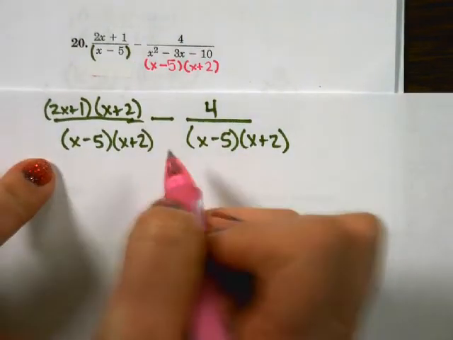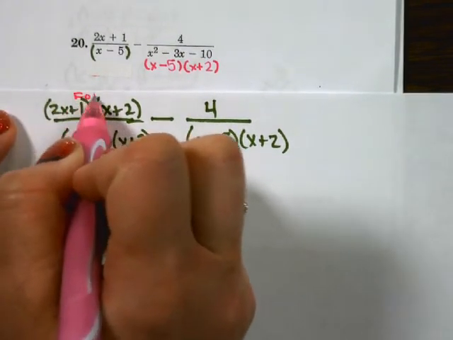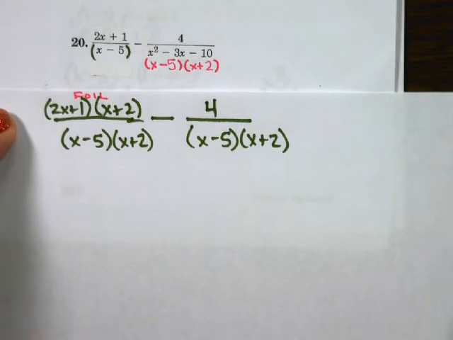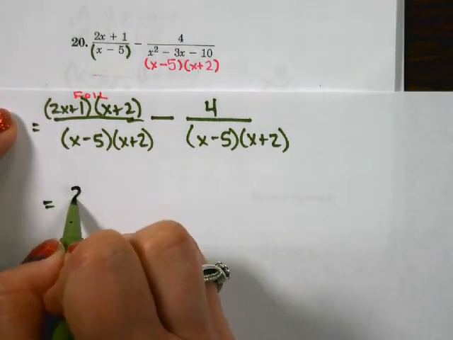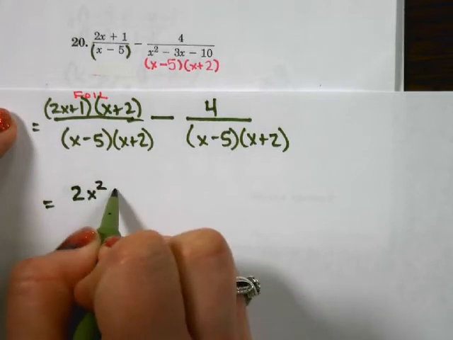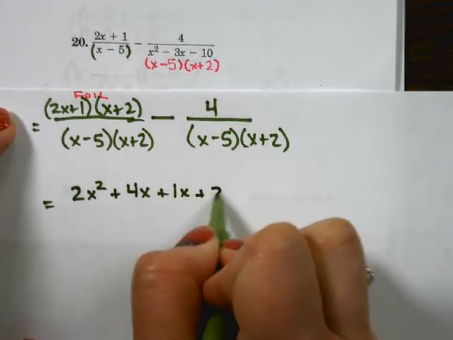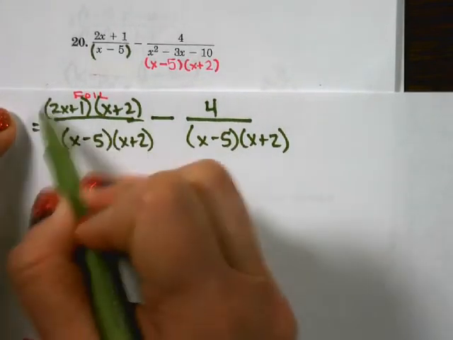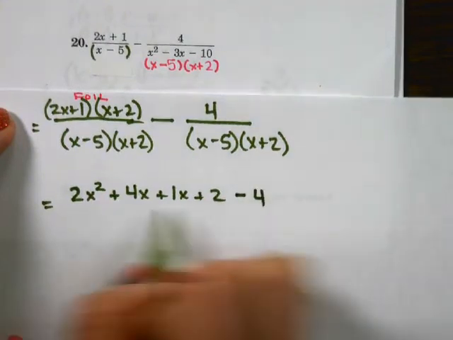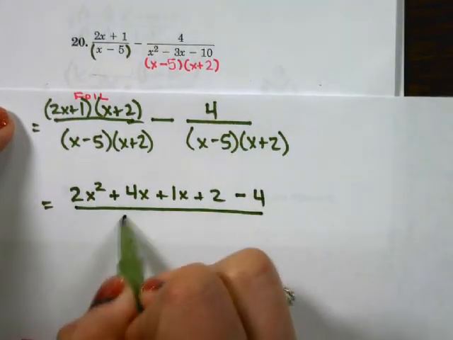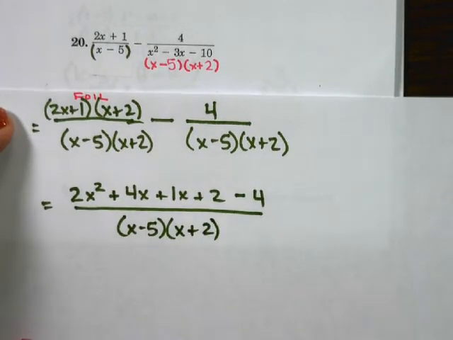Okay. So they have a common denominator. I can squish them together, but I'm also going to have to FOIL this. So here we go. I get 2x squared plus 4x plus 1x plus 2, minus 4, all over my new common denominator of x minus 5, x plus 2.